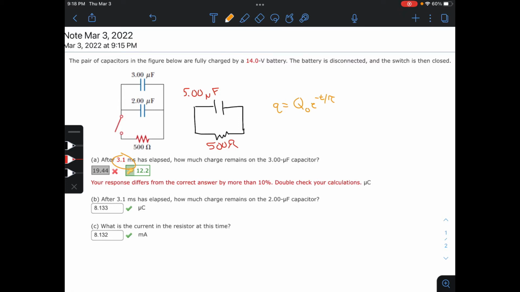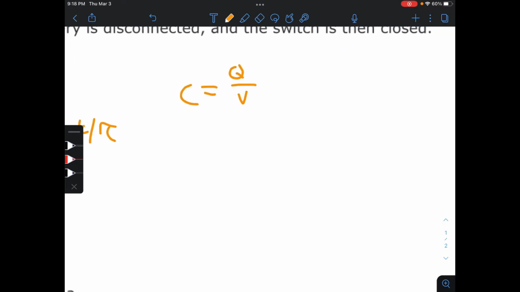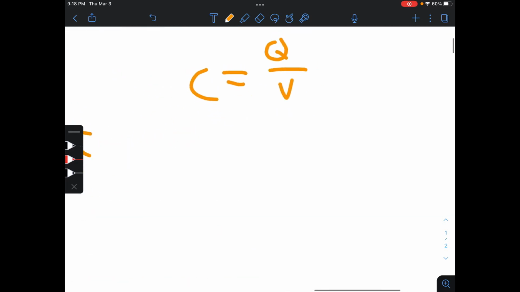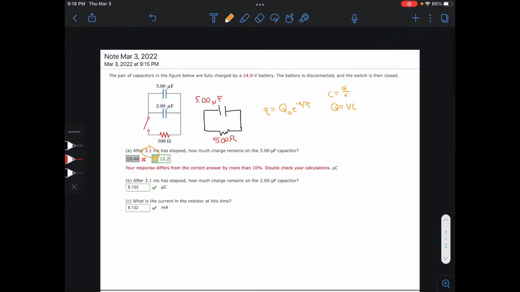To find this initial charge, capacitance is equal to charge over volts. Therefore, Q is equal to volts times capacitance, and seeing as it's only a resistor and a capacitor in this system, we can use 14 volts as our voltage.